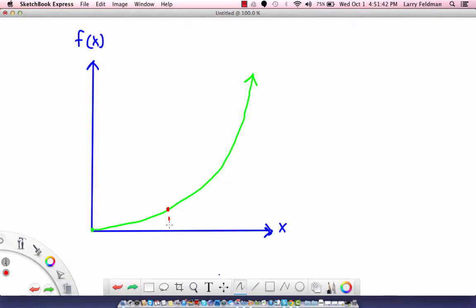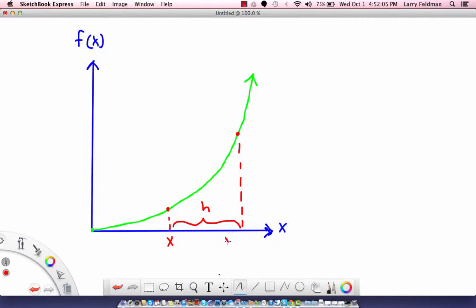Now what we're going to do to figure out the slope of the tangent line is pick a second point on the curve that is exactly h units away, or h units to the right of the first point.